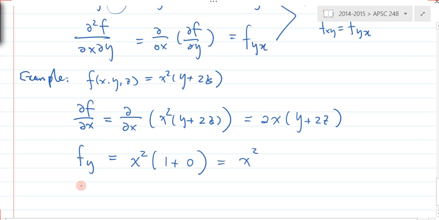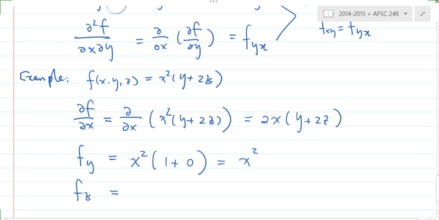Practice this. What about df over dz? When you're taking the partial derivative with respect to z, you treat x and y as constants.